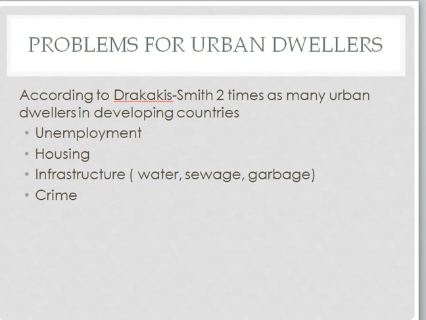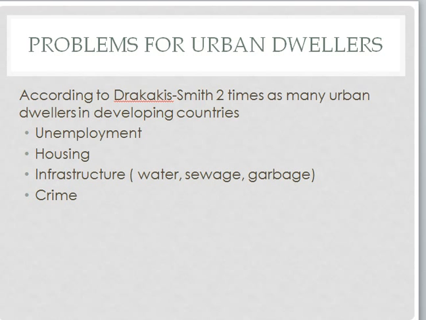So according to the researcher, the growth in urban areas is almost twice as fast in developing countries as it is in developed countries. This is causing dramatic problems with this huge growth.